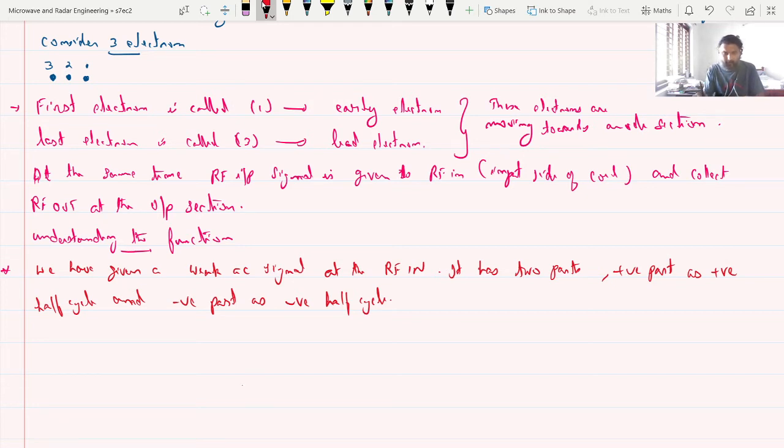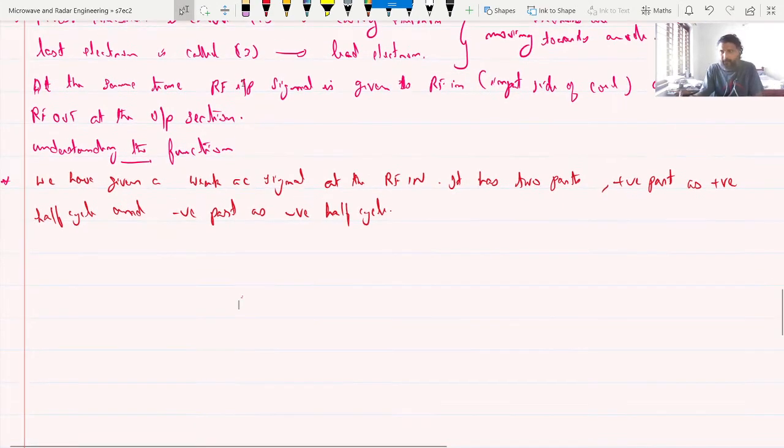So we can see what will happen during the positive half cycle and during the negative half cycle.